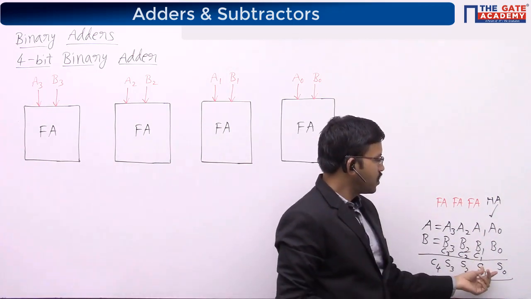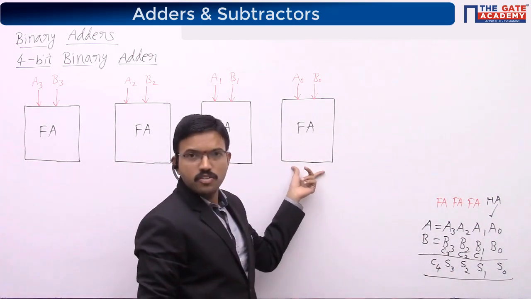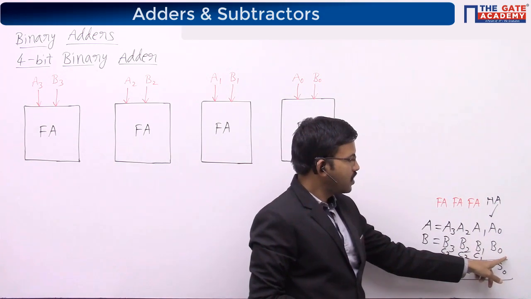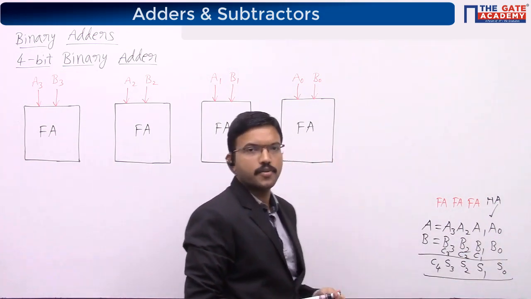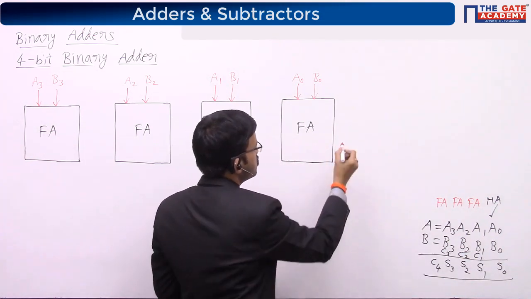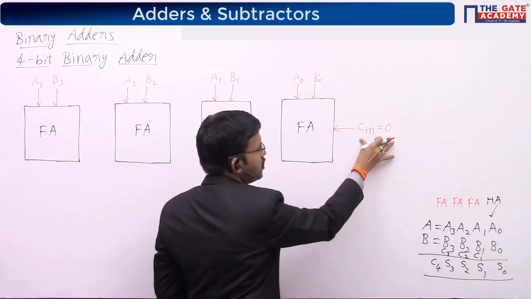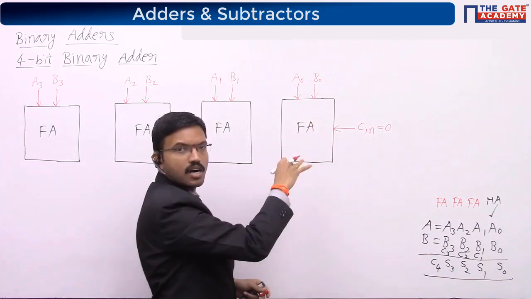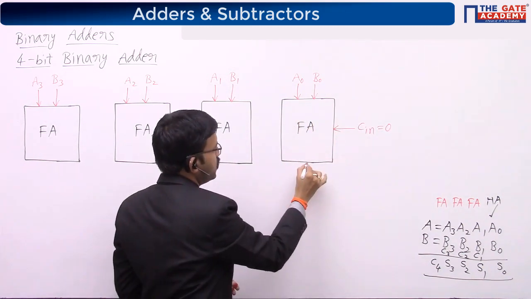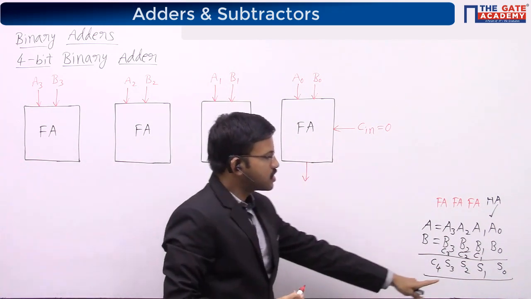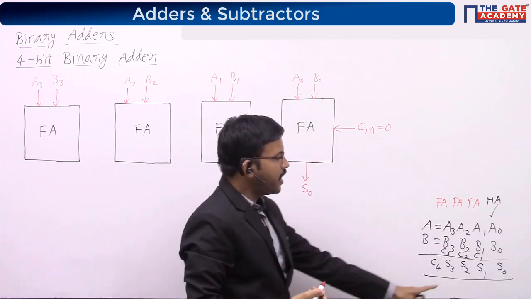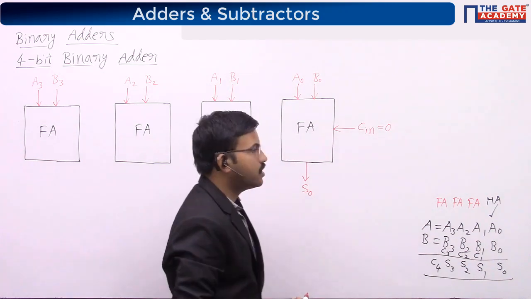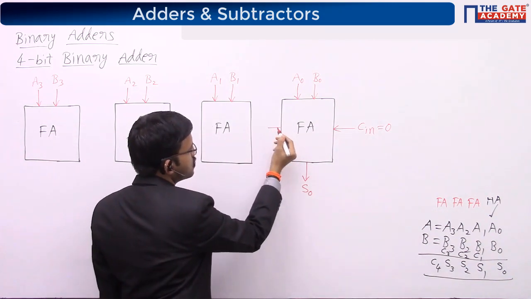Now for the first stage full adder, there is no initial carry, right? So here I am placing Cin equal to 0. If Cin equal to 0, then full adder becomes half adder. So here I am getting sum S0 and carry C1. The carry output of this one is C1.